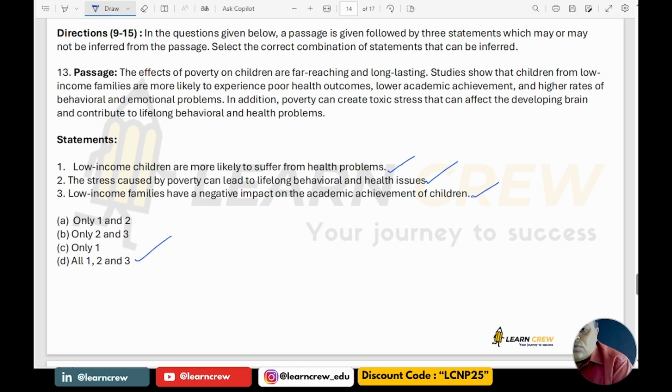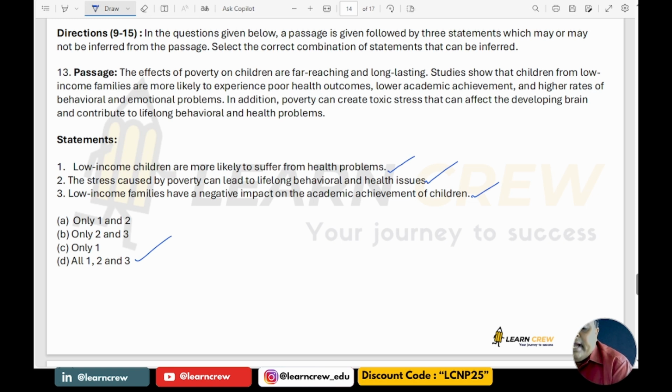So all 1 to 3 are valid inferences from the passage, because the passage states that children from low income families are more likely to experience poor health outcomes, lower academic achievement, and higher rates of behavioral and emotional problems.